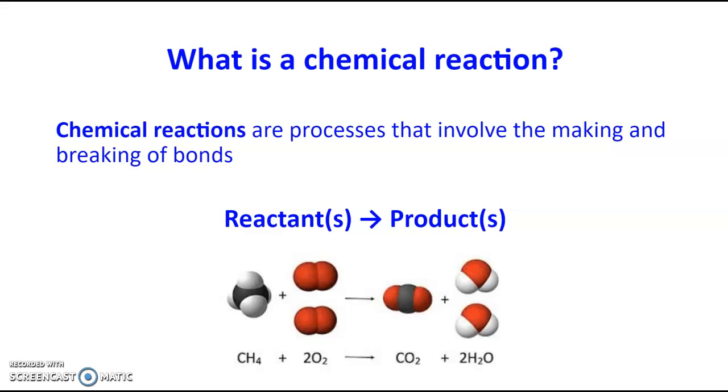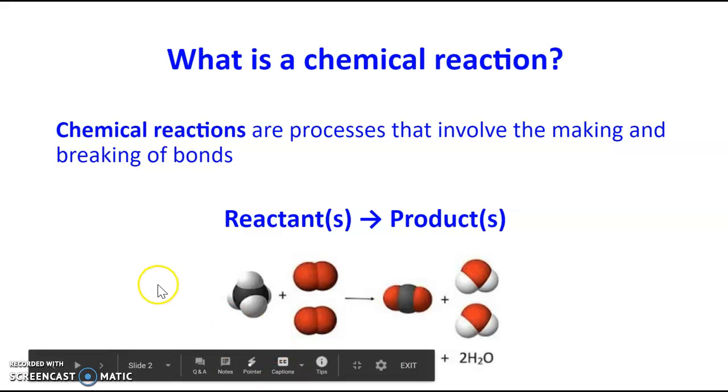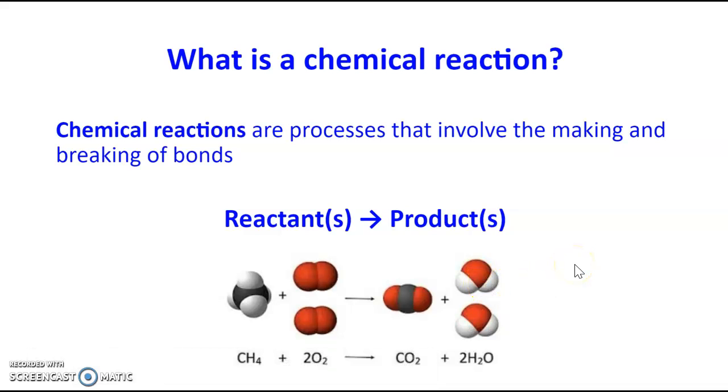So for example, methane plus 2 oxygens will give us 1 carbon dioxide and 2 waters. And I like this because this gives us a molecular view, but it also shows how it's written in terms of formulas. So CH4 plus 2 O2 will give us 1 CO2 and 2 waters.